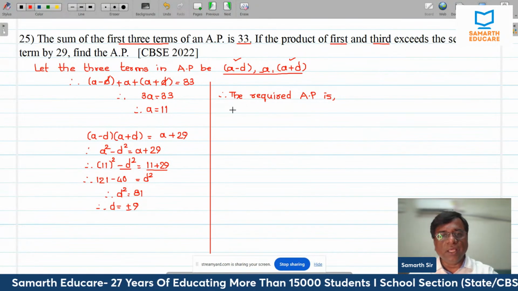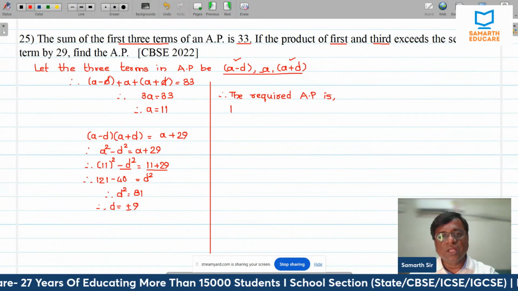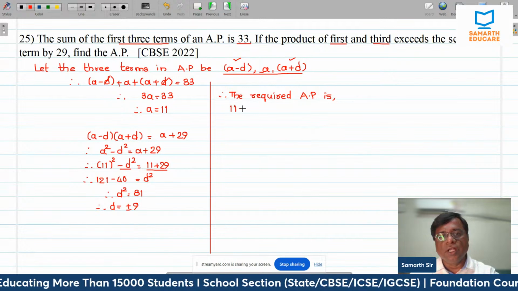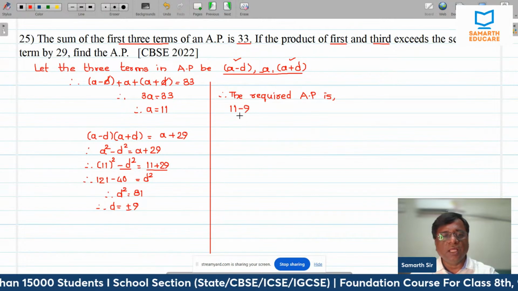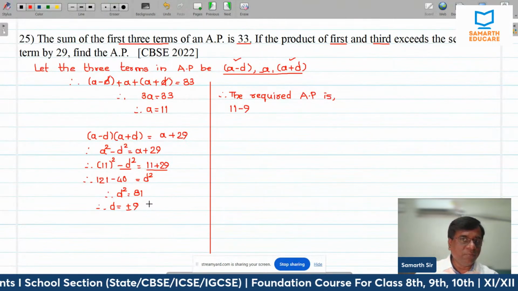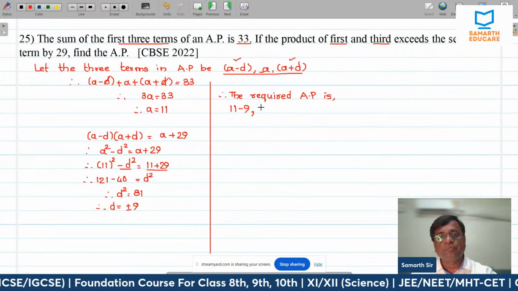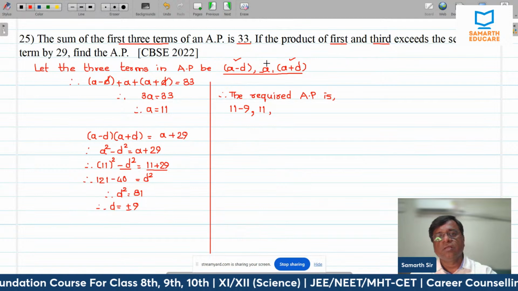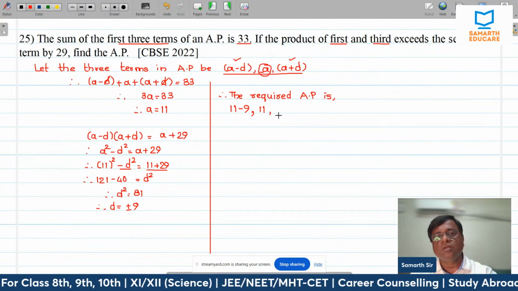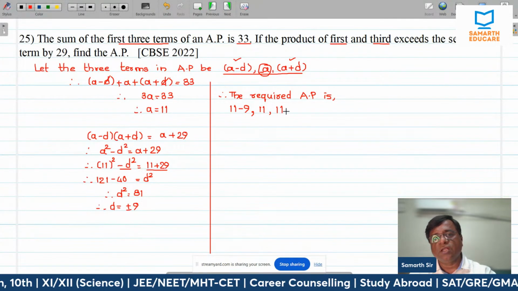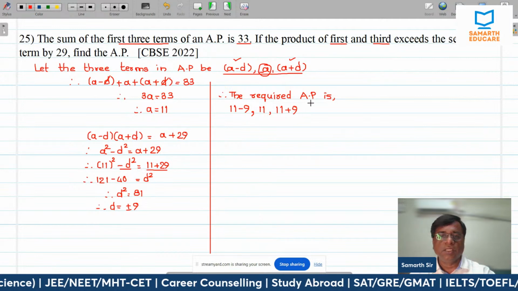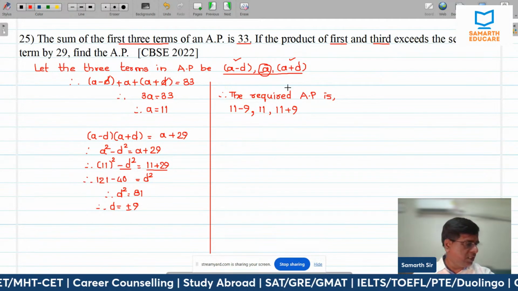Okay, mera a ka value 11 hai. Okay, d ka value maan lo 9 hai. d ke do possibilities hain, idhar plus 9 aur minus 9. So I'm right now taking 9. This is 11 middle term, you can see here, and then 11 plus 9. Theek hai, maine 9 value liya tha d ka.